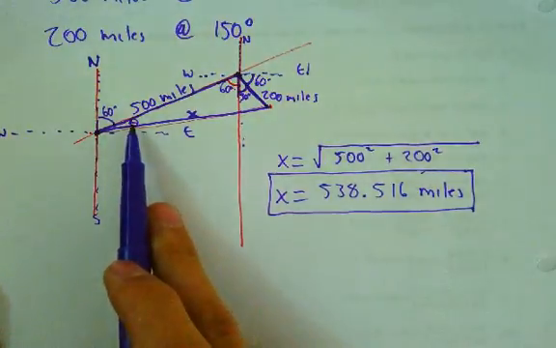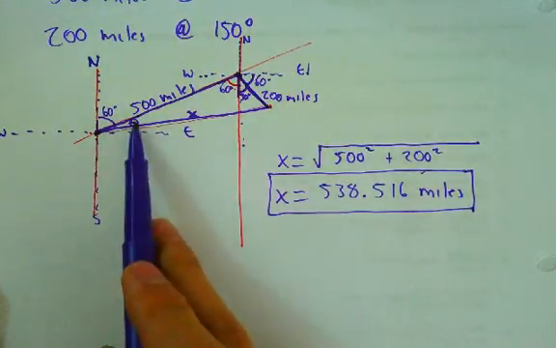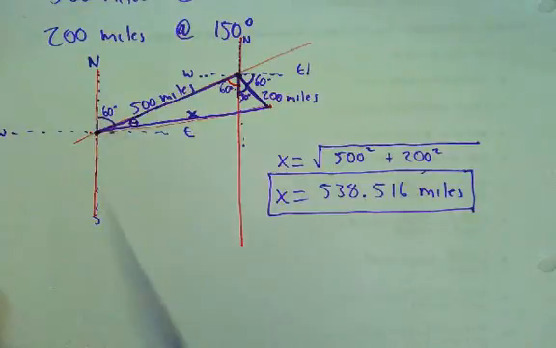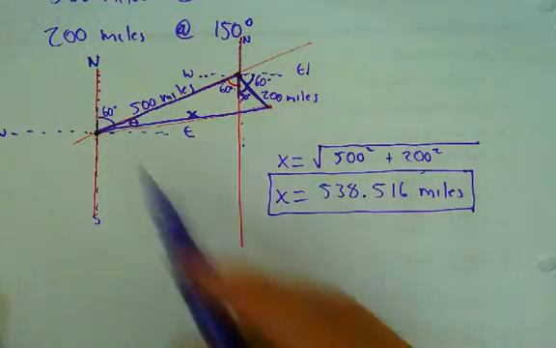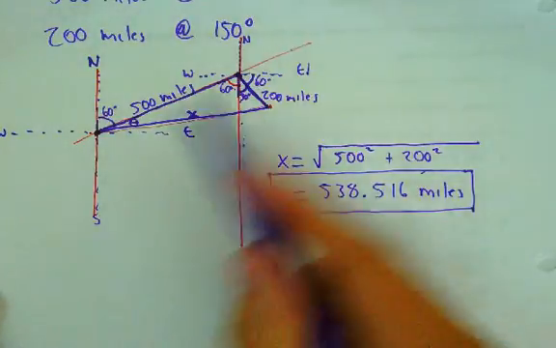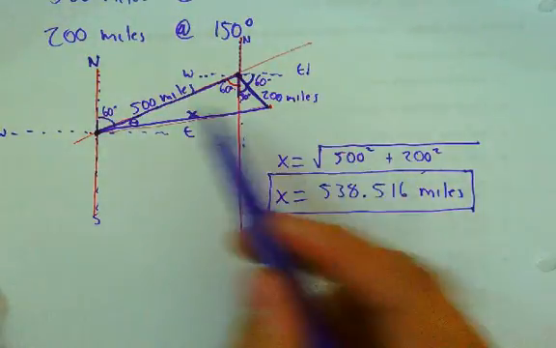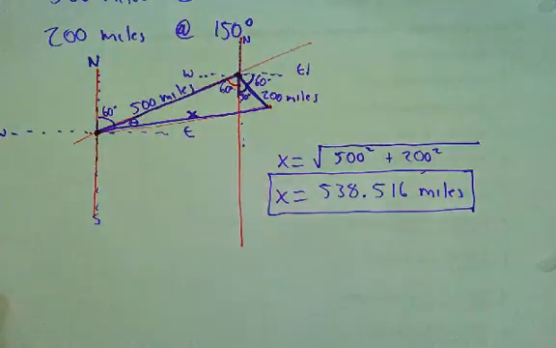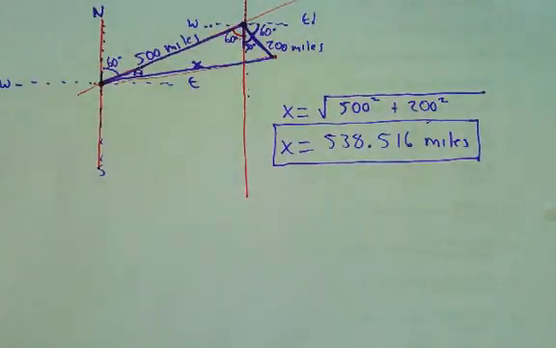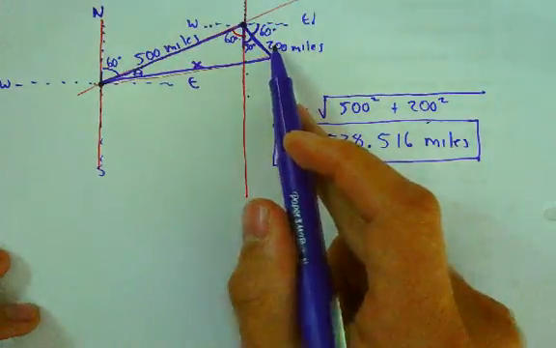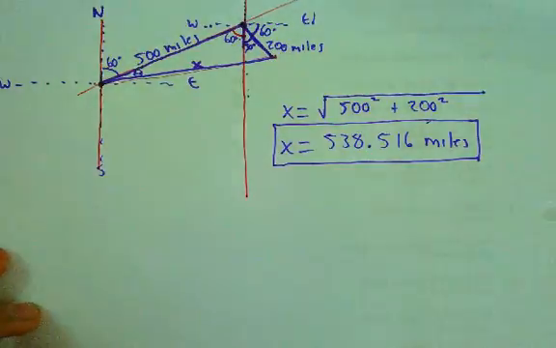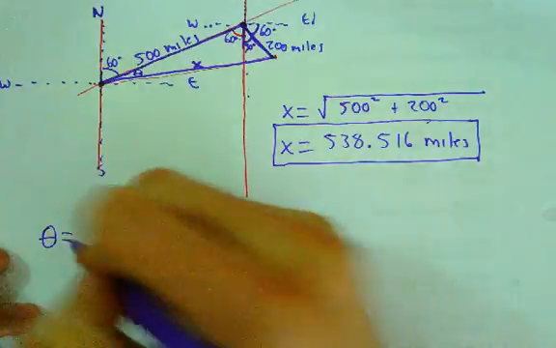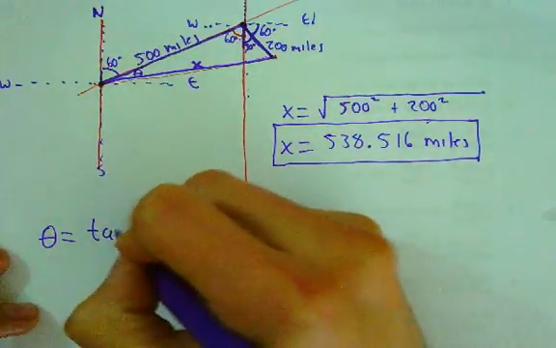So, you have a right triangle. You have the opposite. You have the adjacent. You're looking for an angle. You need to use what, Aniket? Inverses. To find an angle, you use inverses. If you have the opposite and you have the adjacent, what could you use? Theta is equal to the inverse tangent of what over what? 200 over 500.